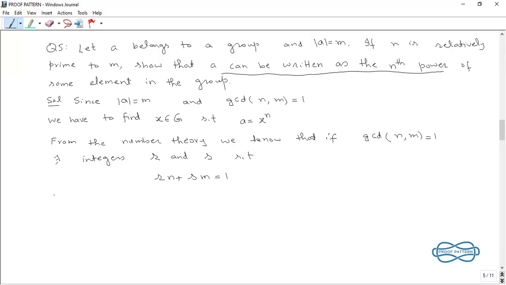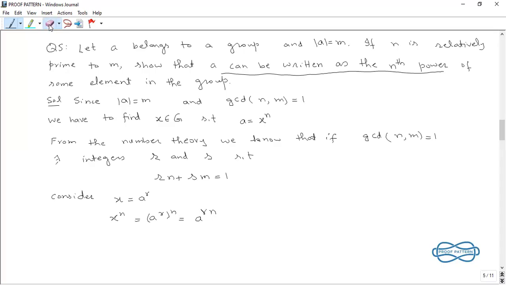Now consider x is equal to a to the power r. And if we take the power n on both sides, that will be (a^r)^n, and that will be a to the power rn.